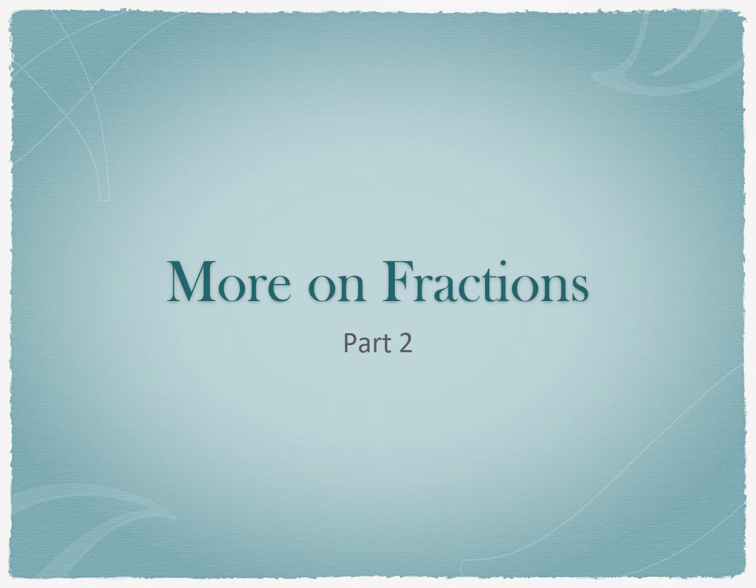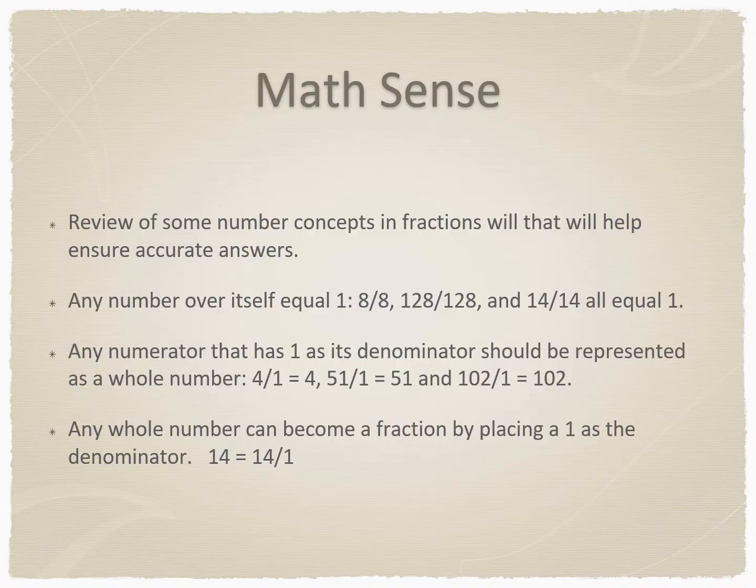So alright, we're moving on with part 2 of fractions. I should change my slide. So just looking at some of the different math sense when we look at fractions: any number over itself always equals 1.